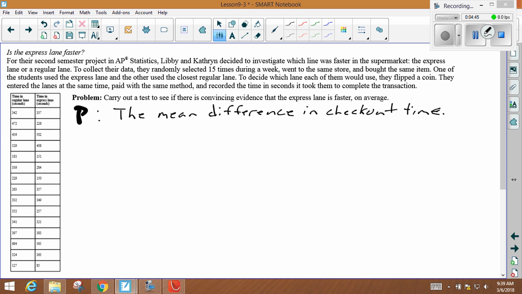Okay. Our hypotheses. Our null hypothesis should be that mu is 0, right?